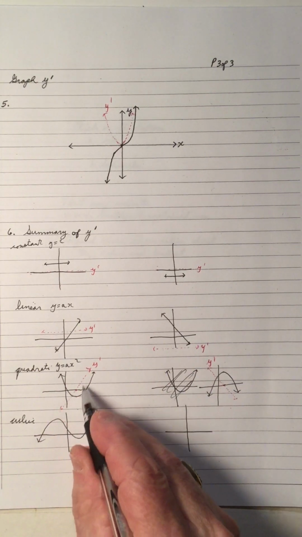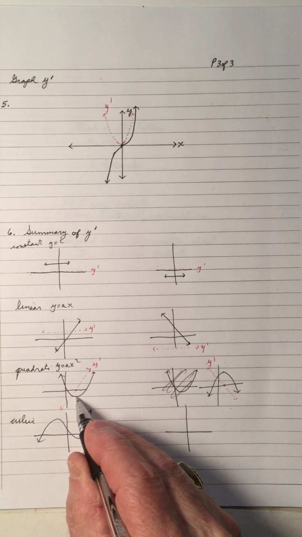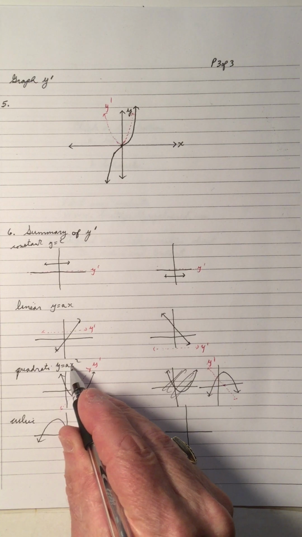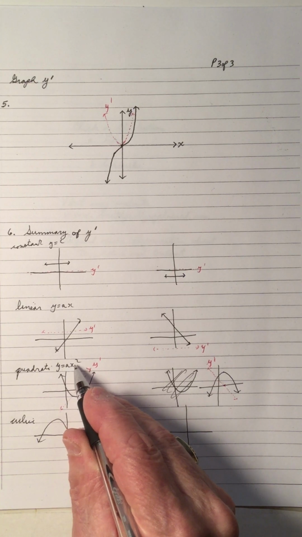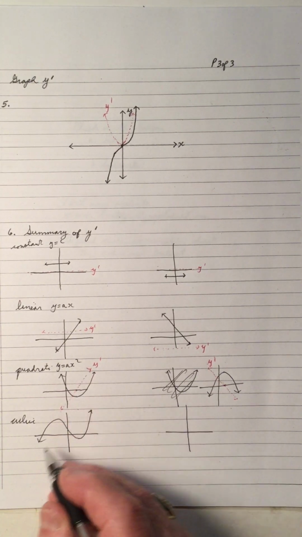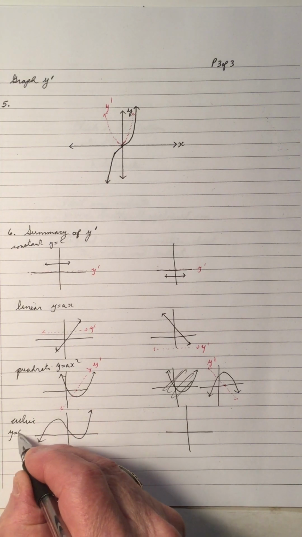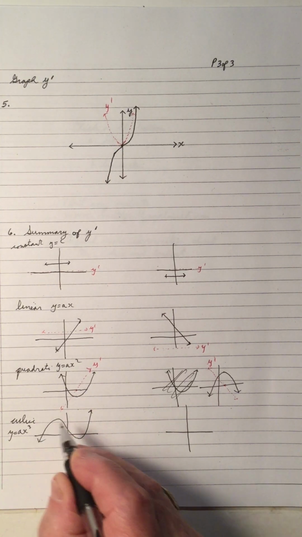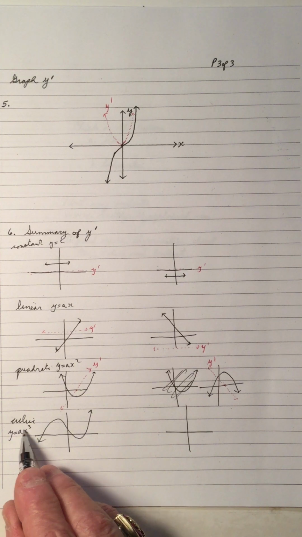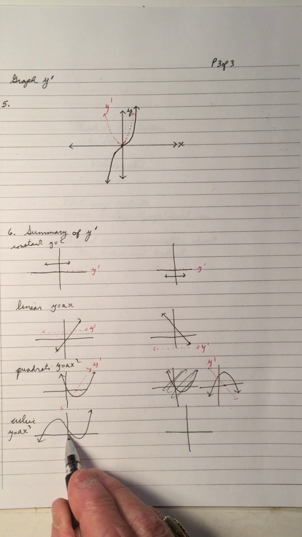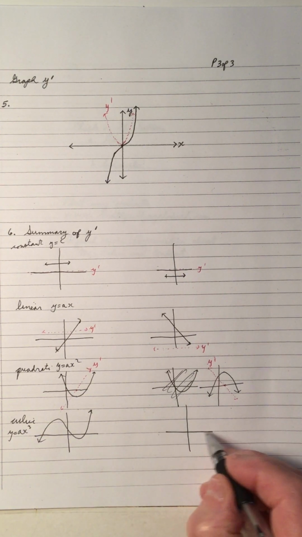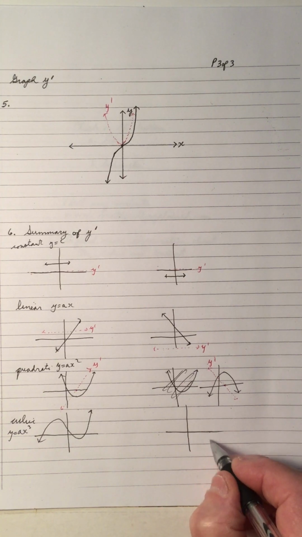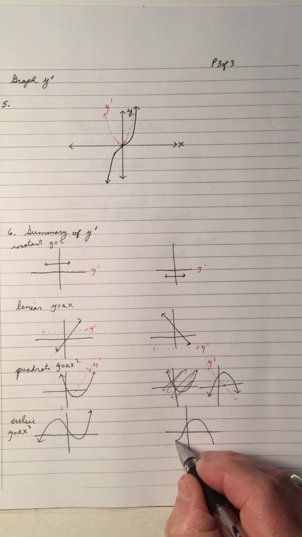Or it could be more than that, since the vertex is off, so the equation has ax squared and x and a constant. And the cubic is y equals ax cubed. Again, this cubic should pass through 0 here, but I didn't do it. And let's have it coming up from the bottom and doing this.